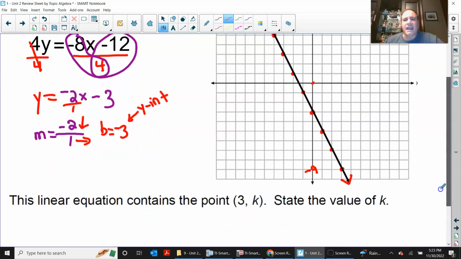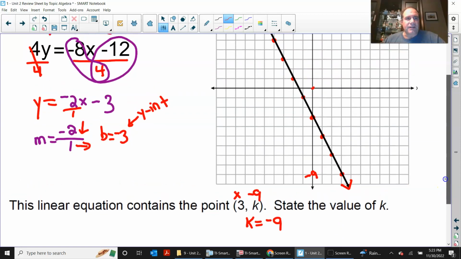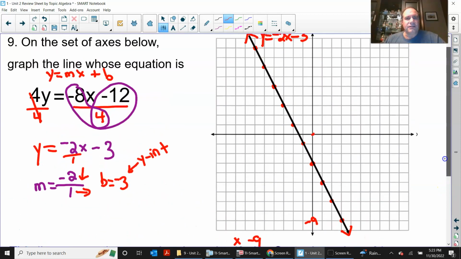So the value of k equals -9. When x is 3, y is -9. It sounded weird when I said it. But anyway, k is -9, and that is your answer, and that is the whole question.